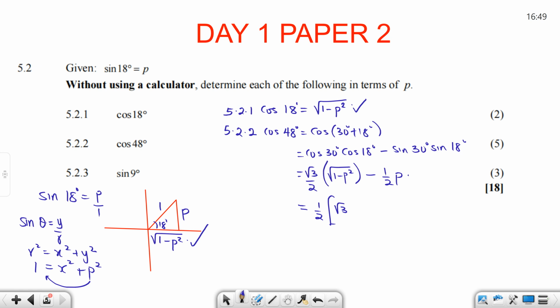Since we are multiplying, we can actually multiply that into one bracket and say root of 3 times 1 minus P squared. Everything comes under one umbrella. Root A times root B: if they have the same root, you can just multiply them. So that's what I did there. And minus P.